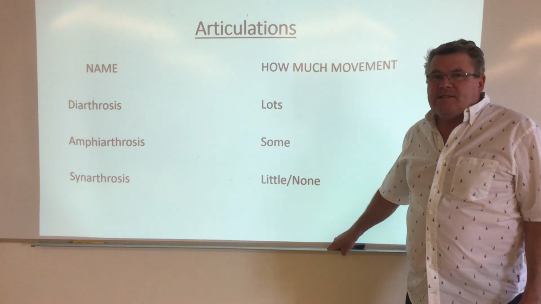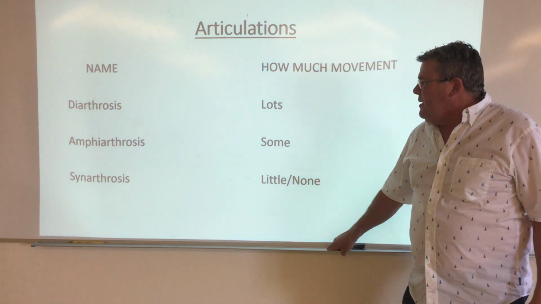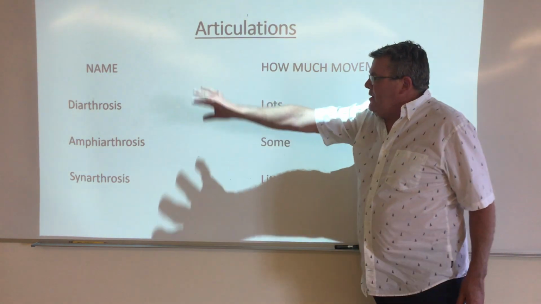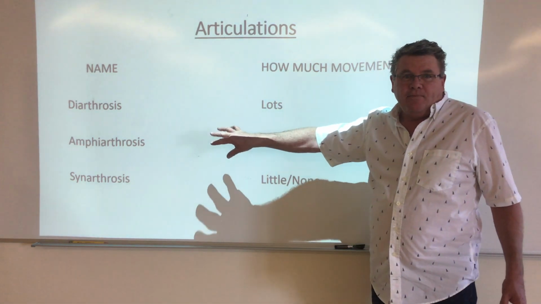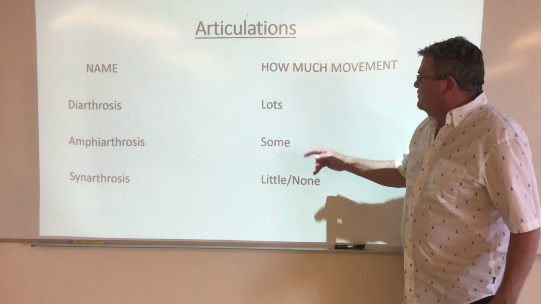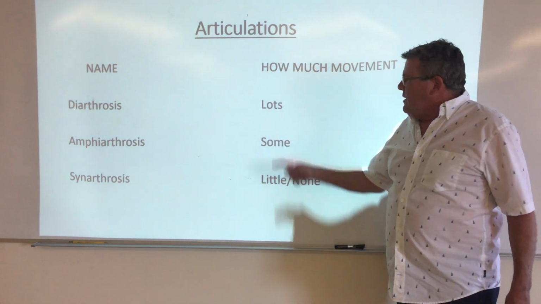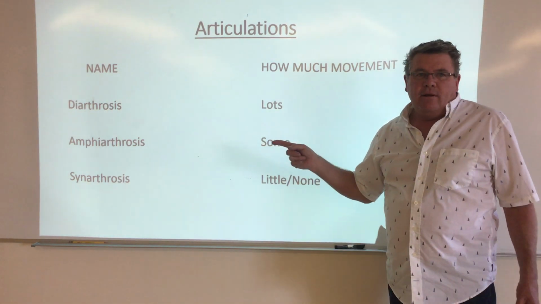Well, a little is some, so it gets a little bit subjective here. Now here's what I think about when I see amphiarthrosis or an amphiarthrotic articulation. It's between a lot and none. It's kind of a little of both.